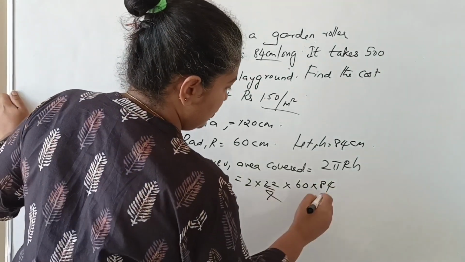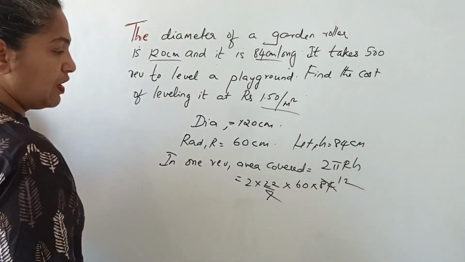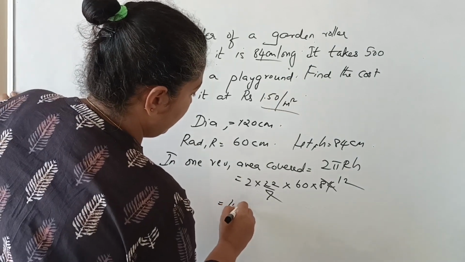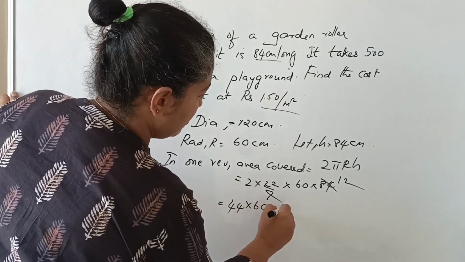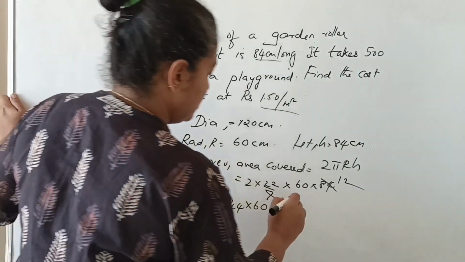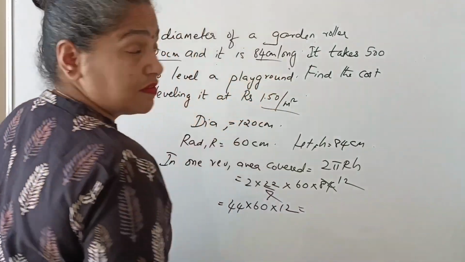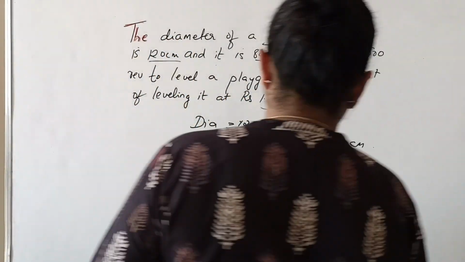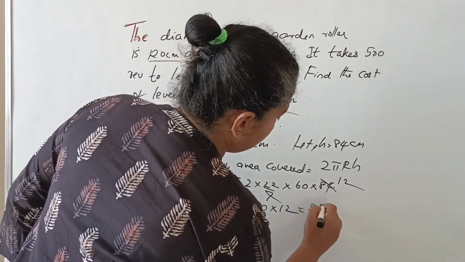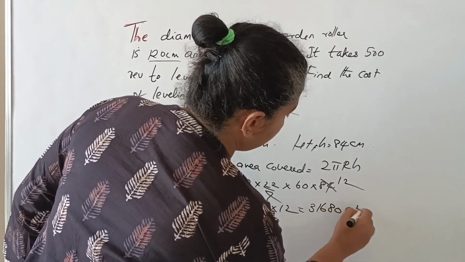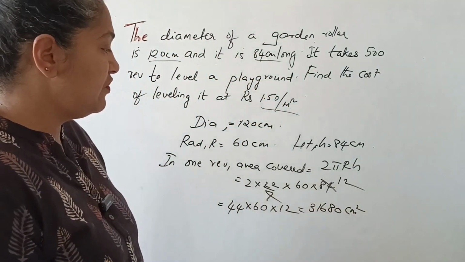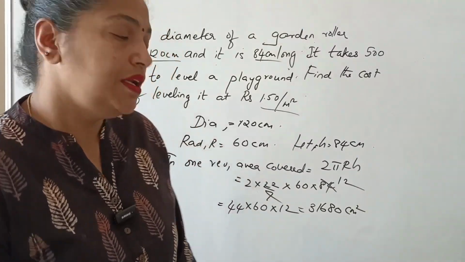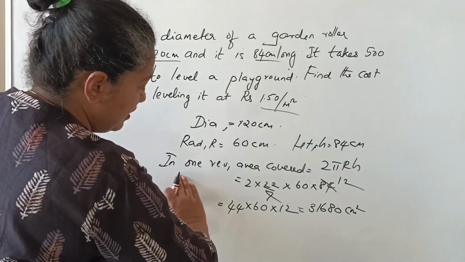Now this can get cancelled out by 12, so you will get 44 into 60 into 12. Find the value of the curved surface area: 31680 centimeter square. Now this is the area covered in one revolution.